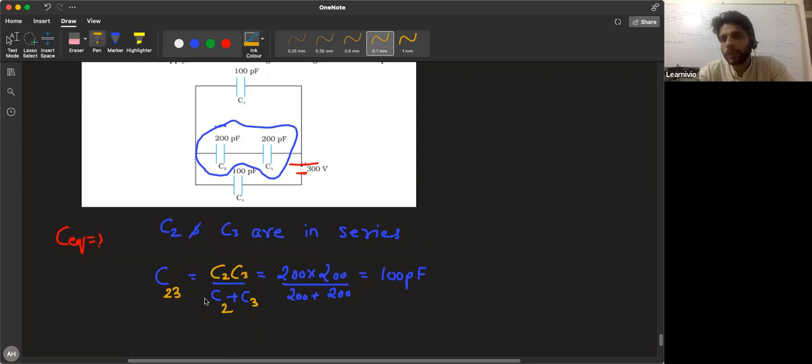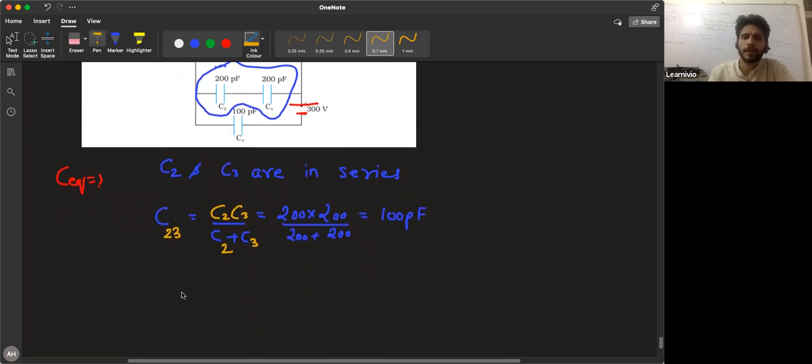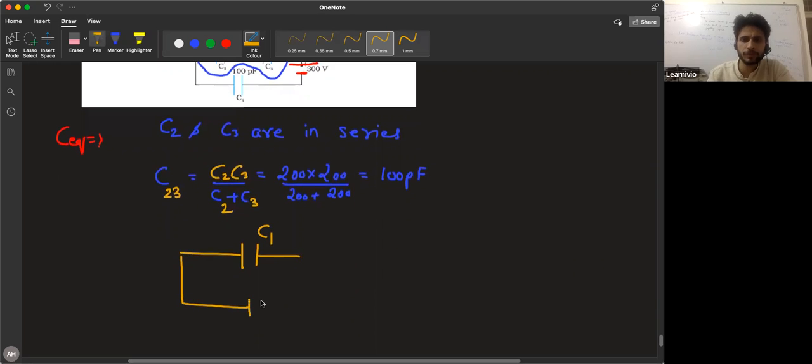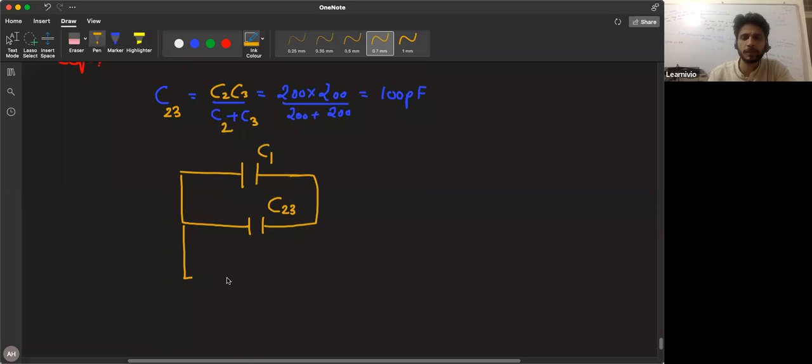So in the next step, we can remove this C2 and C3, like in this circuit, make a sub-circuit. This is C1. Remove C2 and C3 and replace them by a single capacitor, which is C23. Then take this capacitor C4, and then this is the cell of 300. So that was the first step.